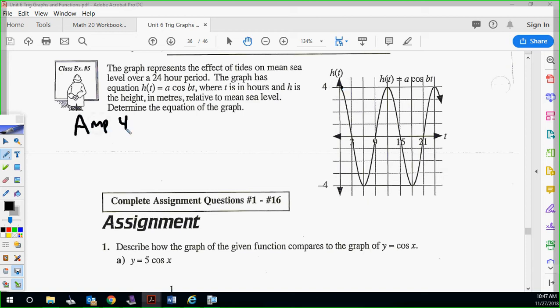And then what's the period here? So the period, let's see here. It should be here to here. It looks like 12. So the period happens every 12, which means 12 hours.